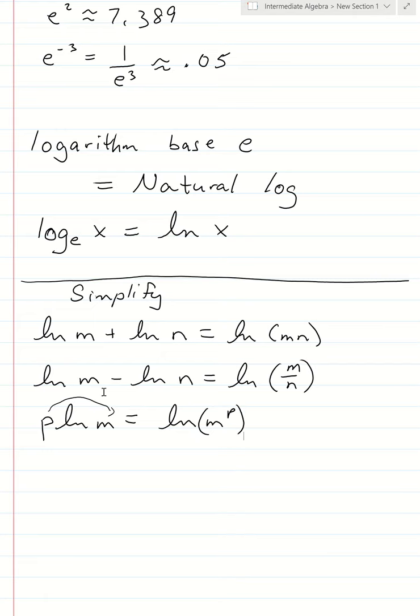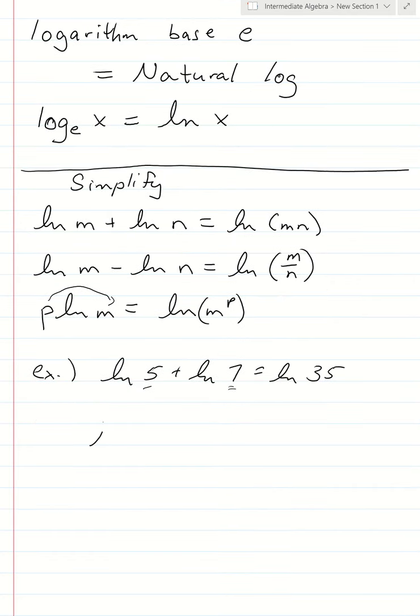So these properties involving addition, subtraction, and multiplication work not only for, let's say, log base 2, log base 7, log base 10, but they also work for log base e, otherwise known as the natural log. That's what that ln stands for. So for example, if we had the natural log of 5 plus the natural log of 7, we can simplify that into the natural log of 35, because remember, you have to take the 5 and multiply it with the 7.